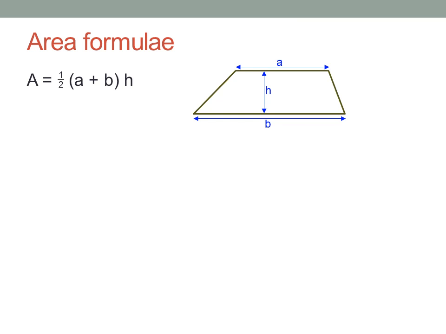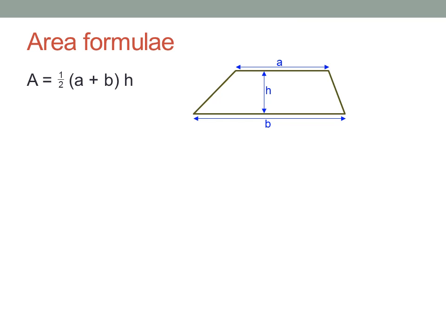In the formula, A and B are the parallel sides, and H is, again, the perpendicular height. A and B are the lengths of the parallel sides, and H, the height, is the width of the shape perpendicular to the lengths.